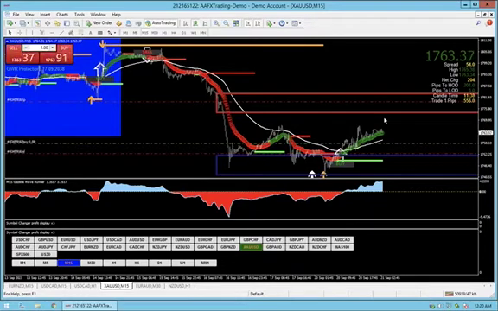Okay. I was talking to a friend earlier today that we learned to trade together. And GBP JPY, I have a love-hate affair with it, because it will just consolidate.